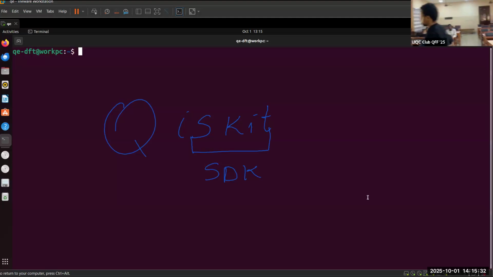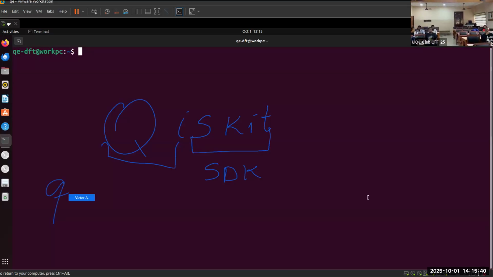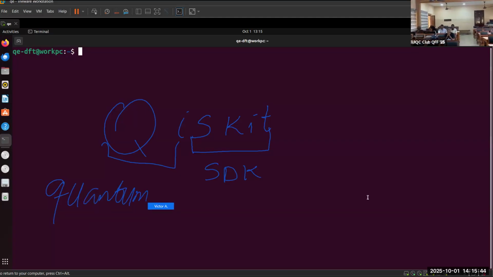And for IBM, they have developed a software for quantum information, so for quantum computing and information programming, and that is what we call Qiskit.